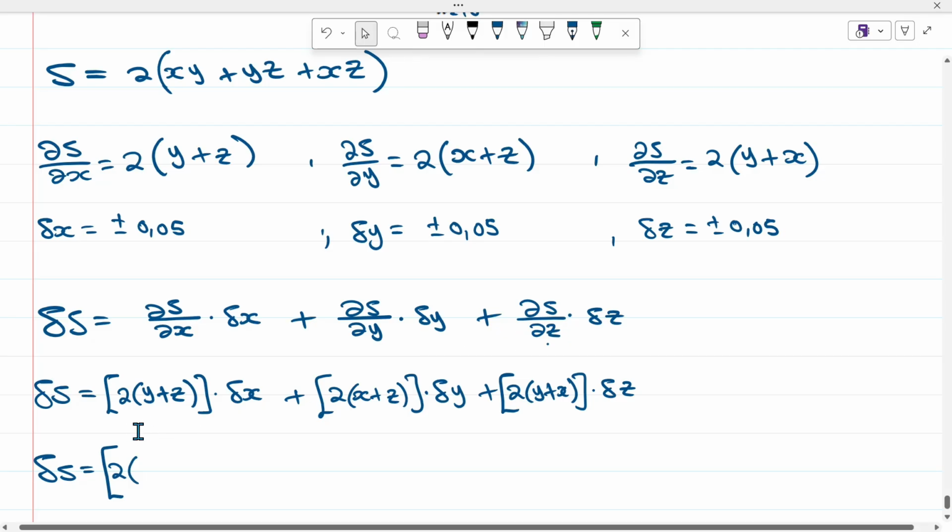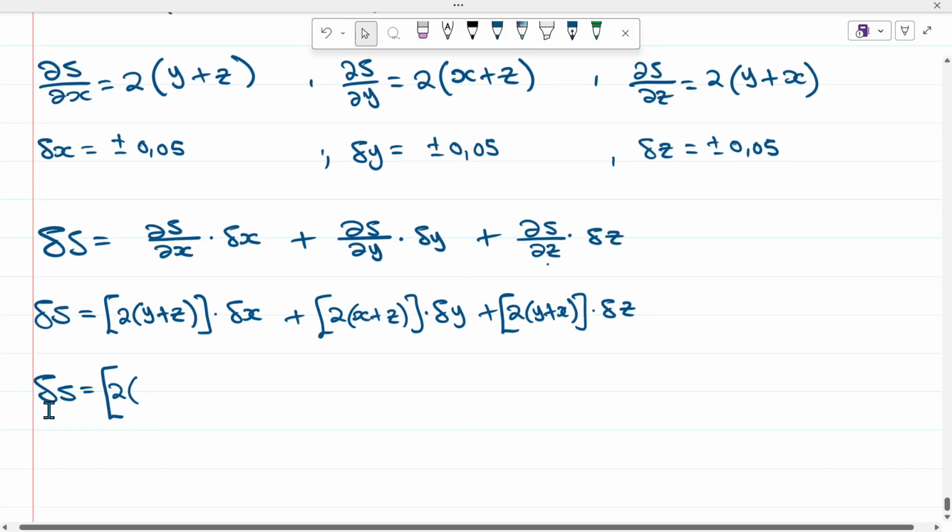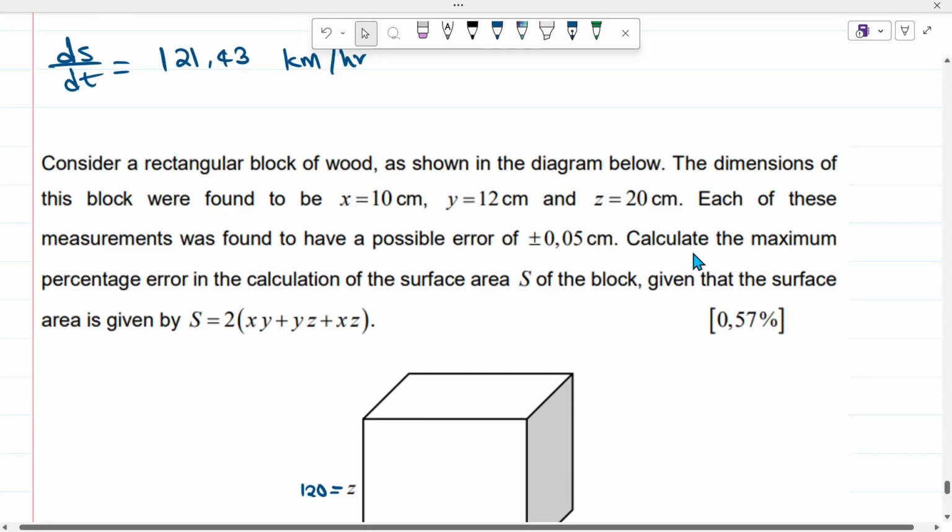So we're going to substitute all of the values here as well as the small changes, so that we can get the maximum change in area. Because the question says maximum, we are going to take the sign as positive.